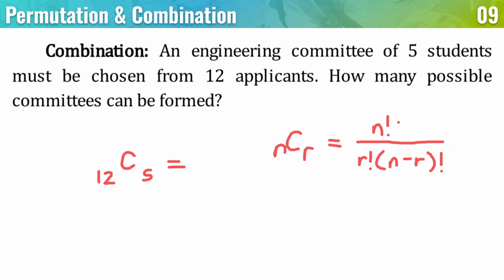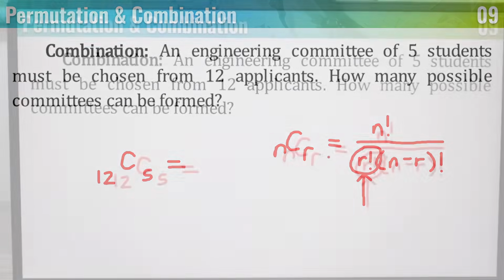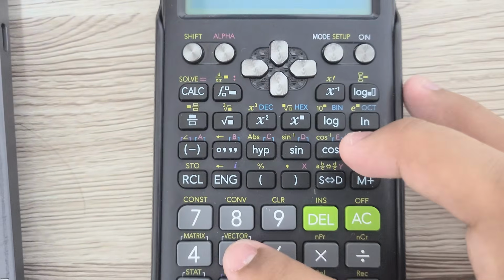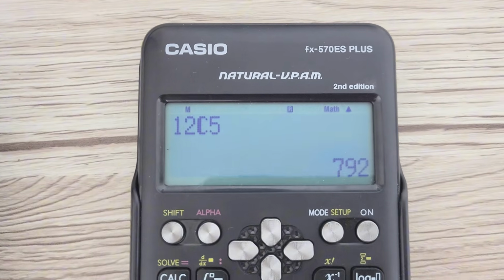With the permutation, it's just n factorial over n minus r factorial. But here, we have an additional r factorial in the denominator to eliminate the swaps. If you notice earlier with the ABC and the CAB, in permutation, those are distinct, but in combination, those are not. That is what the r factorial here is for. And to type that on the calculator, we have 12C5, which should give us 792.